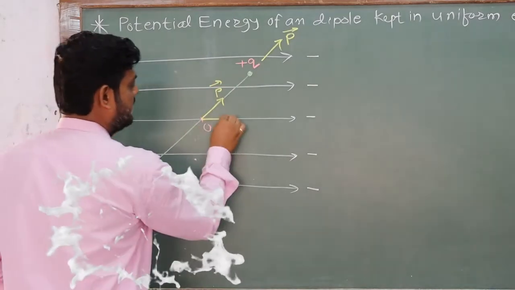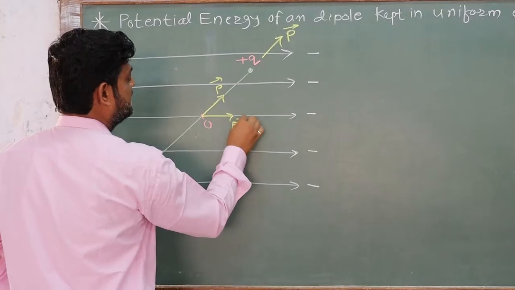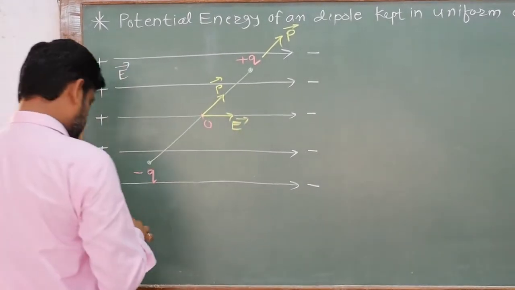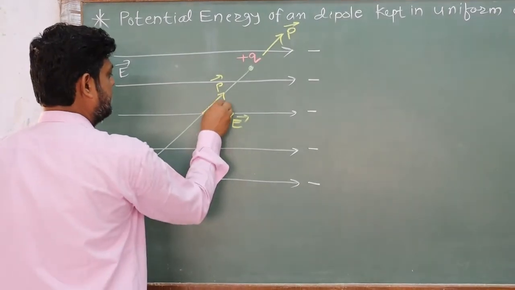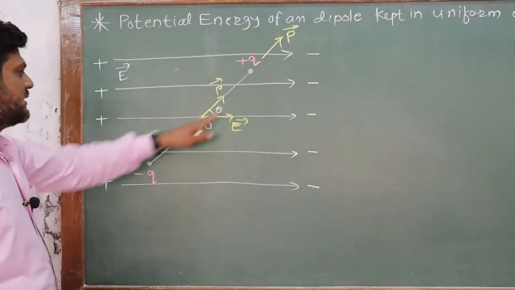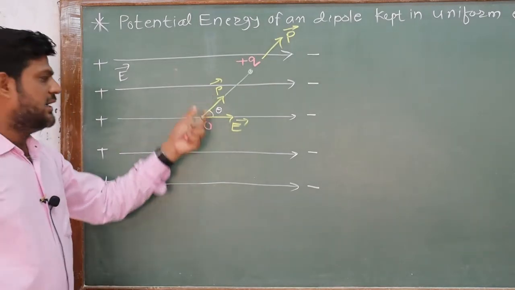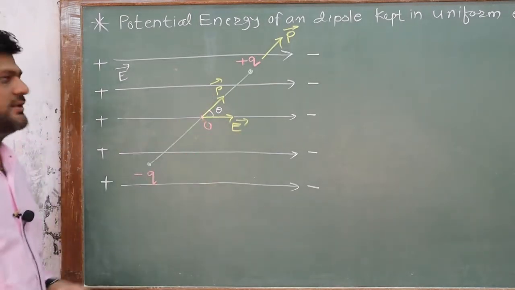Here we can draw the electric field E vector, right? The angle between P and E is known as theta, and that is denoted by the letter theta over here. Theta is the angle between dipole moment P and electric field E vector.